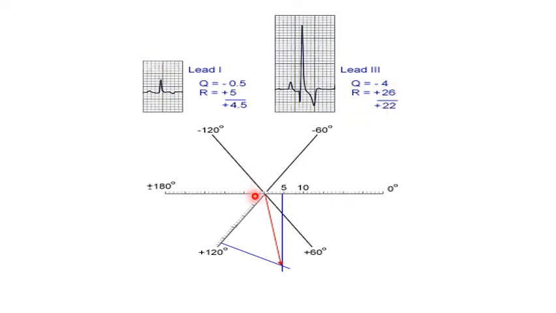So the same thing: we draw perpendicular lines from the two leads, and at the intersection we draw a line that passes through the intersection from the center, and this is going to be the angle of the cardiac axis. Again, the angle is positive.